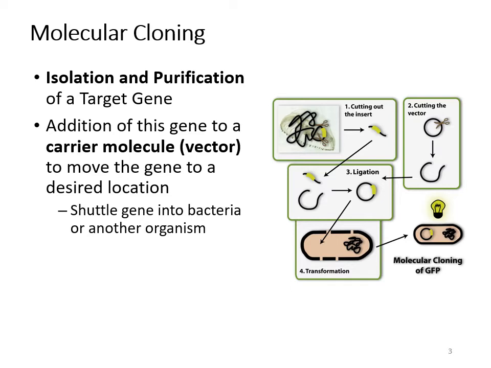In the example on this slide, the target gene that was used is GFP, or green fluorescent protein. So now the bacteria that has the plasmid with the GFP that you put into it can glow green in the presence of UV light. That's what I said in lab courses when you got to do transformations.